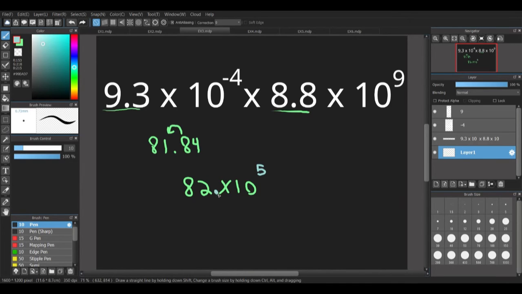So we're going to have to move that decimal one place to the left to make it 8.2, which is now less than 10. However, when we move the decimal one place to the left, we have to increase the exponent by 1. So our final answer will be 8.2 times 10 to the 6th.